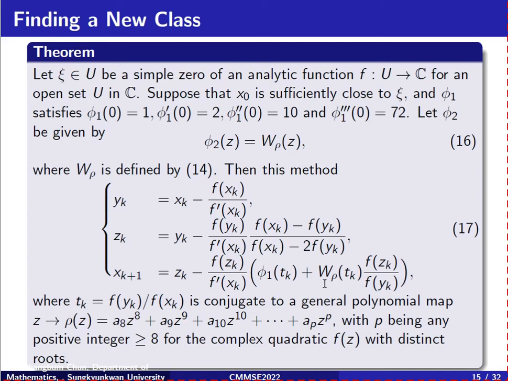Notice that we have replaced the second weight function by a new function we found from our work. Then this method is conjugate to a general polynomial map like this, with p being any positive integer bigger than or equal to 8, where 8 is the order of the given method, for the complex quadratic with distinct roots.